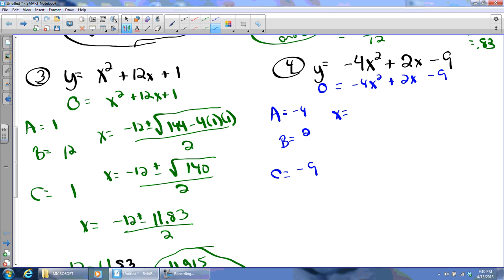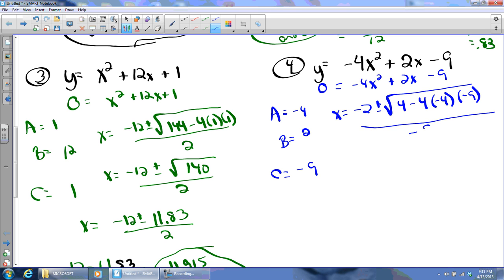X is going to equal negative 2 plus or minus square root of 4 minus 4 times negative 4, negative 9. I believe I'm onto a no solution problem for this one, for negative a. Let's see if I'm right. Negative 2 plus or minus 4, and that's going to be 16 minus 9. I think that's a negative 252.